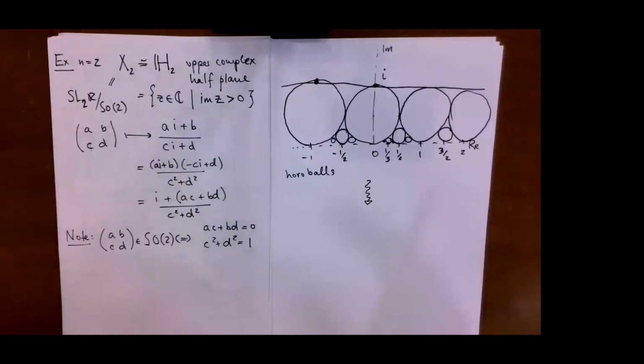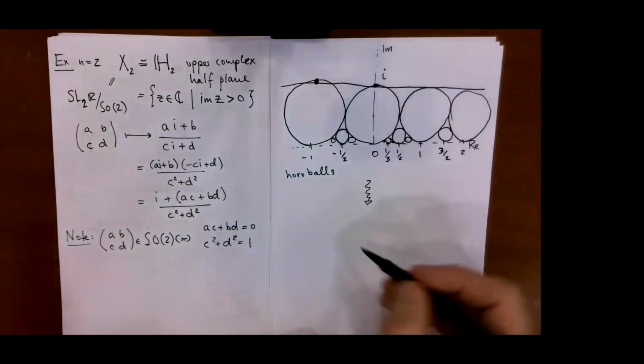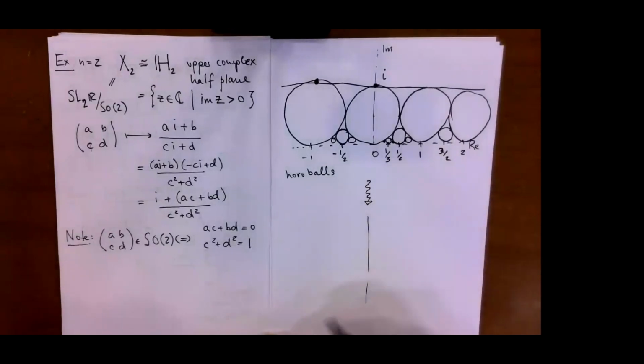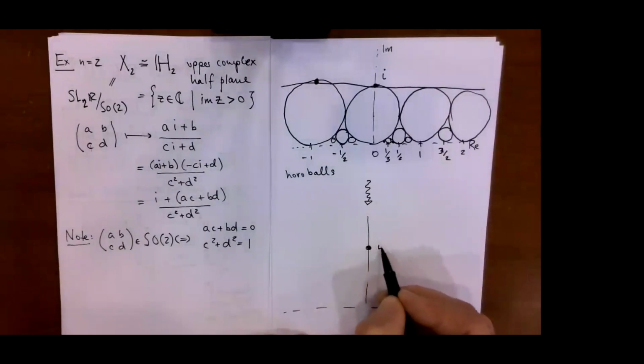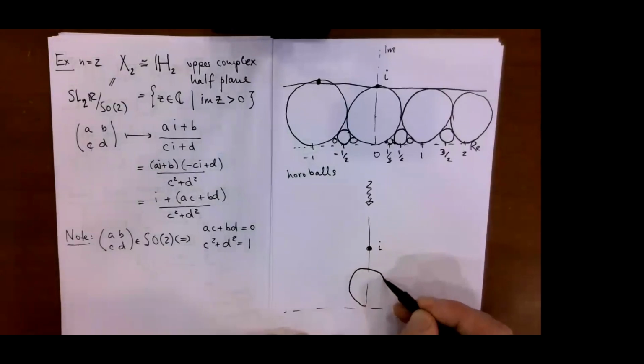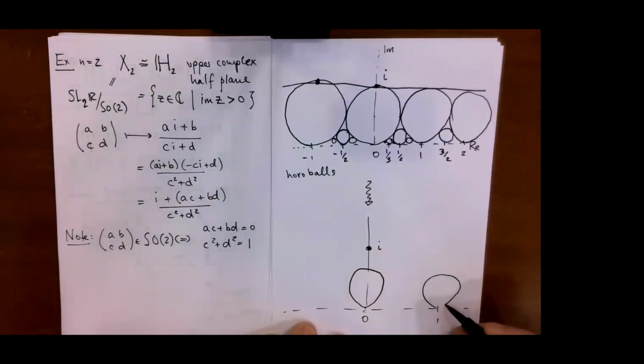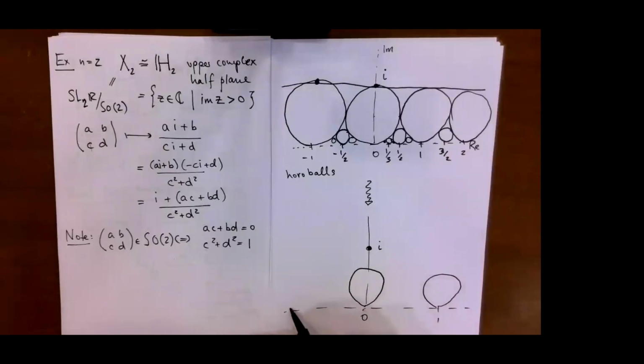Well, I'm going to shrink these down a little bit, by an epsilon or by some factor. Then I get a new picture. So here's i, I'm shrinking this ball down. This is at 0. This is at 1. Now suddenly they are not touching each other anymore.